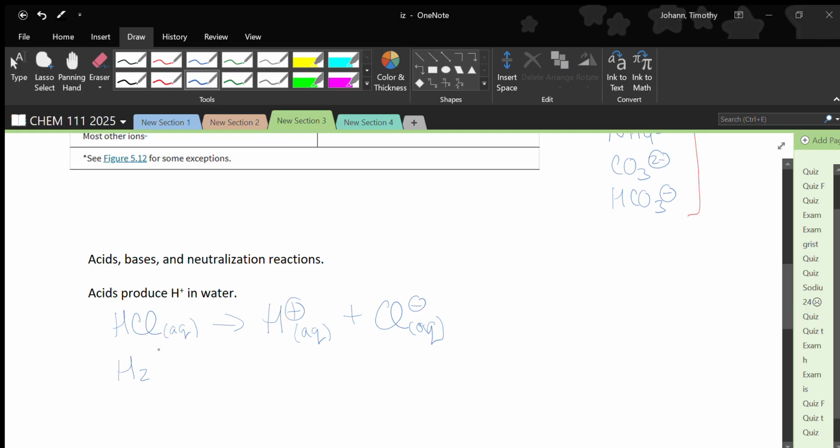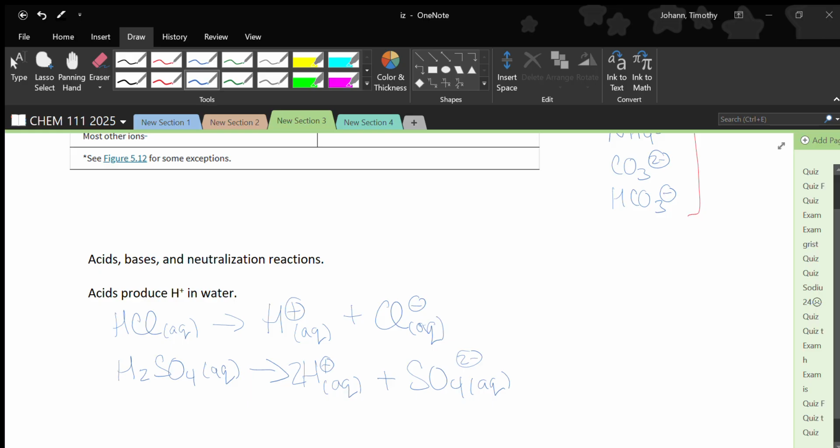We can also think, here's another acid. This is sulfuric acid. Sulfuric acid you can put into water and it will dissociate to make a sulfate ion, let's not forget the charge there, and 2 H plus ions.